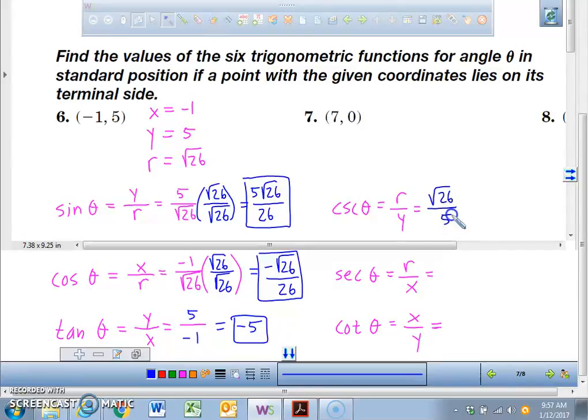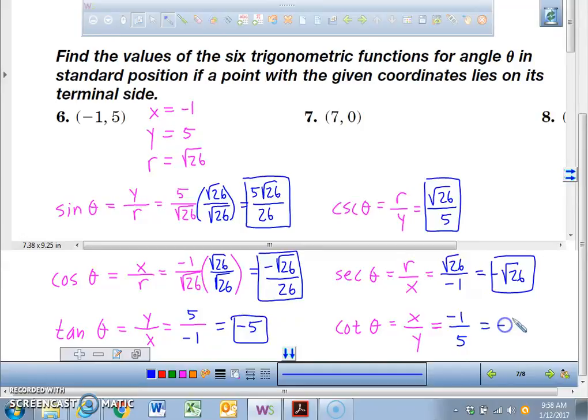Radical 26 over 5. Am I done? Yes, because the radical is already in the numerator. Joshua, next one. And so what does that end up becoming? You got it. Negative radical 26. Here, we're going to put -1 over 5, which is simply a -1/5. There's your 6 trig ratios for problem number 6.